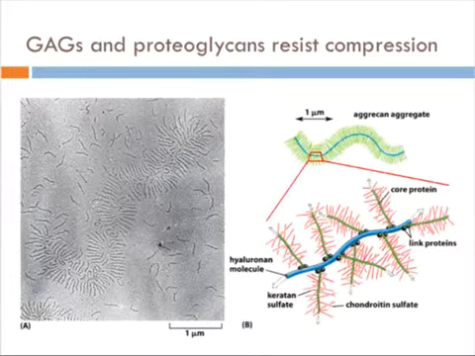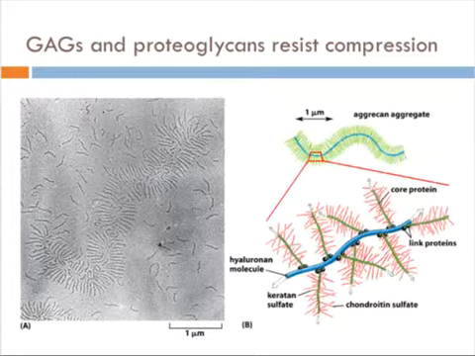Another portion of the extracellular matrix has to do with space filling and resisting compression and forming gels and things like that. So GAGs are glycosaminoglycans, which is why we call them GAGs, because that's a huge word.